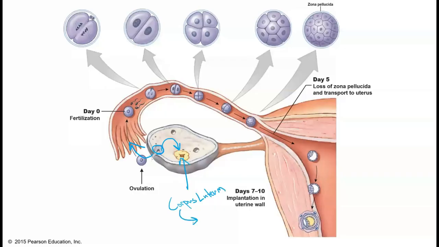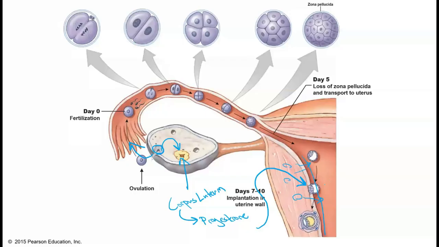The corpus luteum creates a hormone known as progesterone, and progesterone tells the uterus to proliferate. Blood supply to the uterus increases. There are glands in the uterus that secrete a thick sugary substance that coats the lining of the uterus and creates a bed of nutrients for an embryo should it implant.